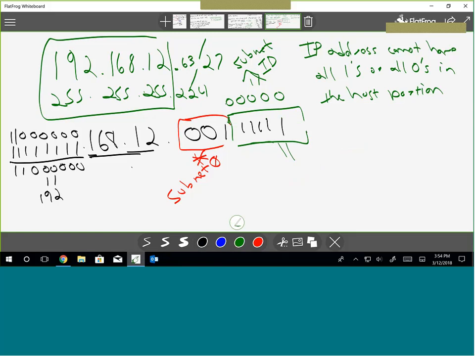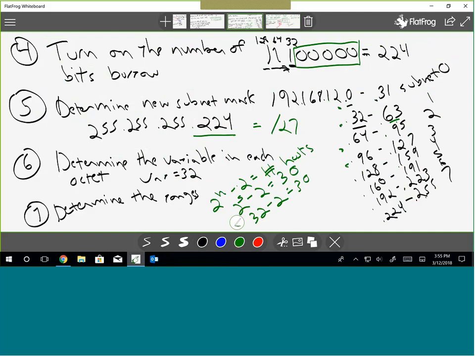In fact, the whole reason the formula 2 to the 8 minus 2 exists is because each one of these is the subnet ID and the broadcast ID. Subnet ID, broadcast, subnet, broadcast, and so forth. So the host can't equal all zeros or all ones. I knew all ones was going to be a broadcast, but I never thought about all zeros. Yep.